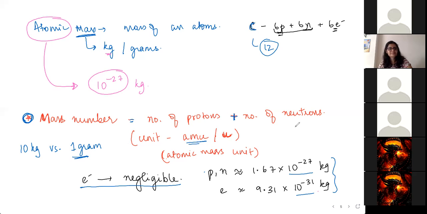Okay. The answer is there, as it is in this slide. So figure out, if I say the mass of C is 12, then what is 12? What is the unit? Yes, now you got it. 12 AMU, atomic mass unit.